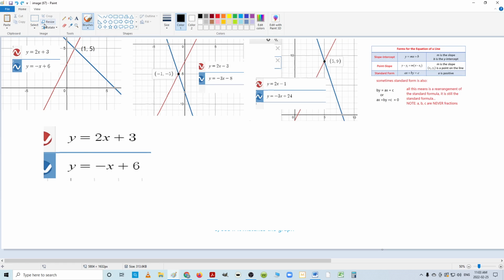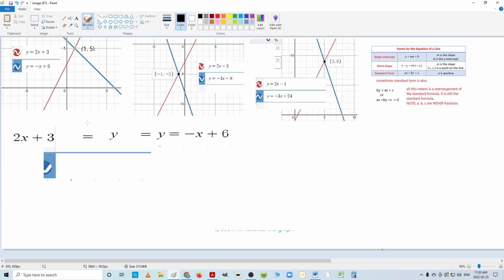This is sort of a substitution method. So since their y values are the same at that point, in other words, the y of this formula, and if I want to put it on the other side like this, there we go. This might make more sense.